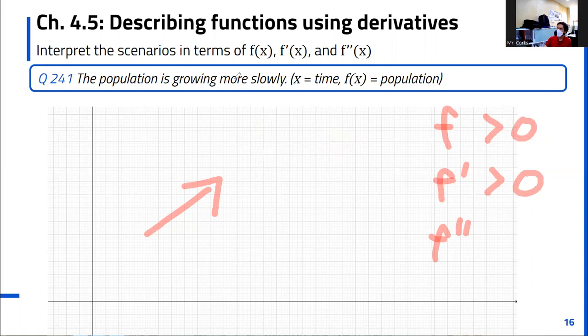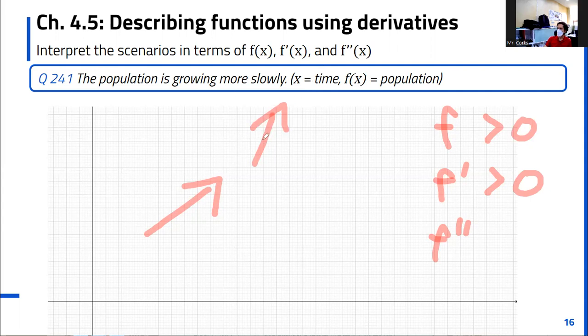Okay, so it's growing more slowly, so there's some change happening. It's not the same. If it did this, then it would be growing more quickly. The rate of growth would be speeding up. So the slope is the rate of growth, and that rate itself would be increasing.